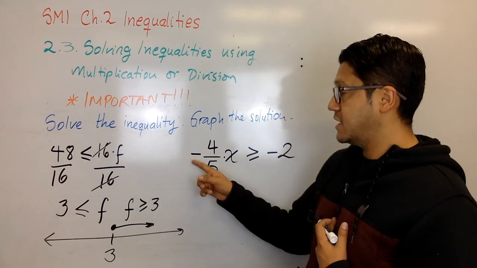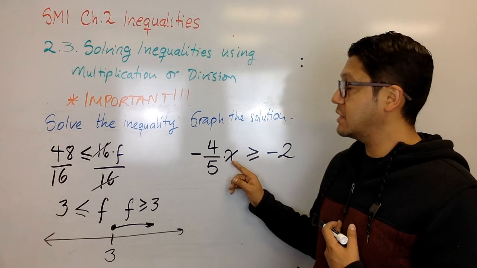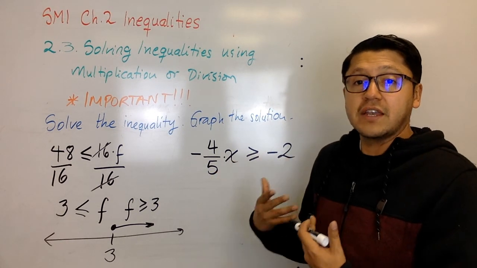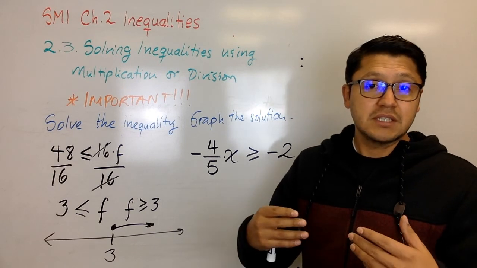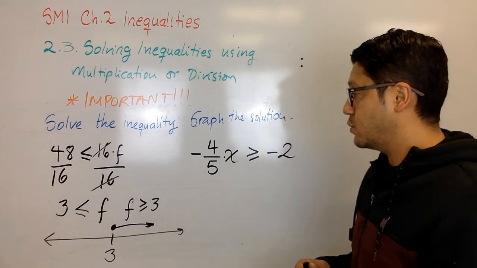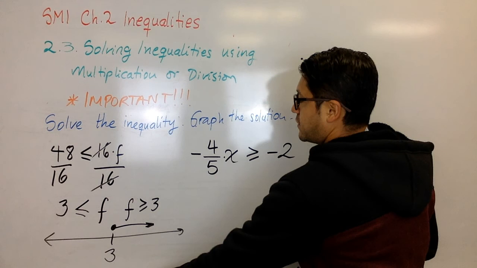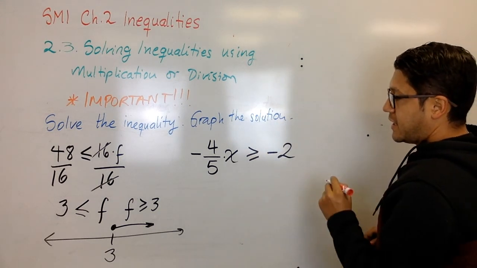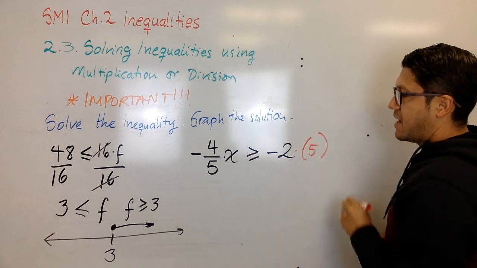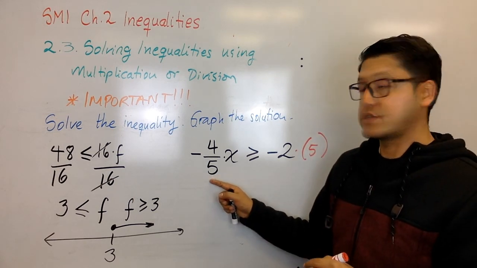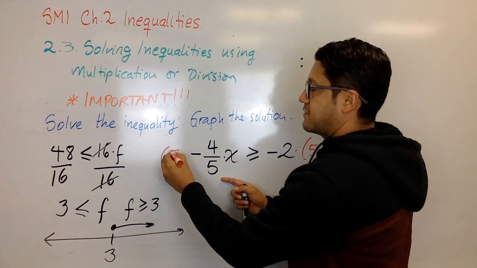I can see a negative 4 multiplying the variable, and I can see a 5 dividing the variable. So I'm going to do it in 2 steps instead of just one. The first thing is, let's multiply this by 5, because I'm going to reverse the process of division by 5.